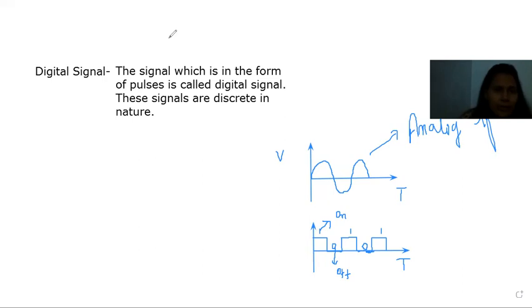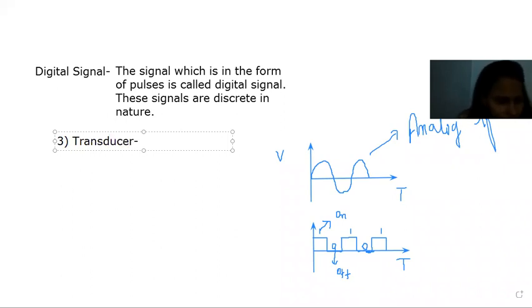Now, the next term is transducer. Transducer is a device which is used to convert one form of energy into another form of energy.